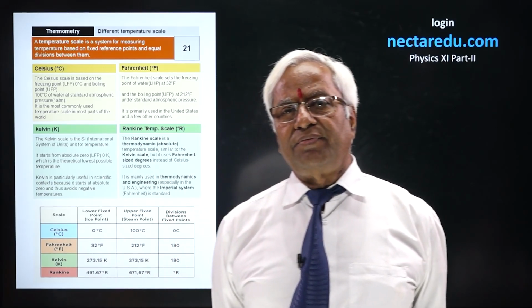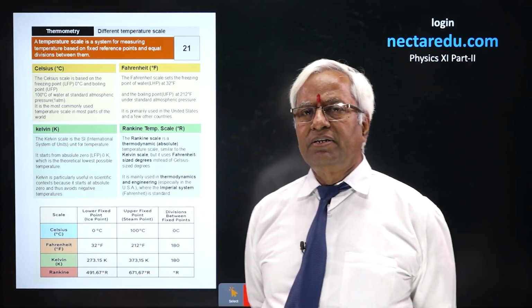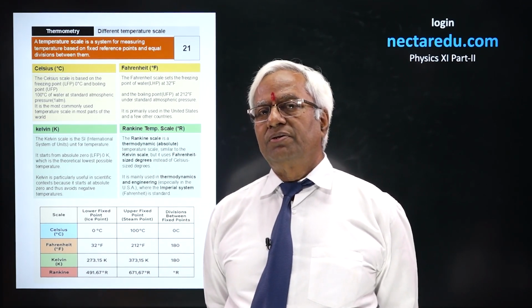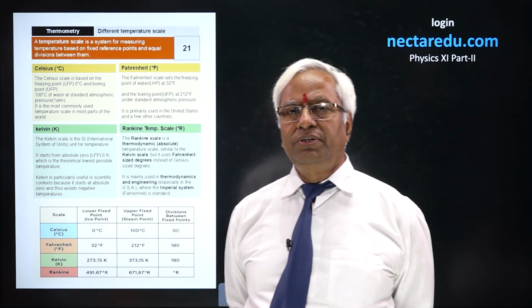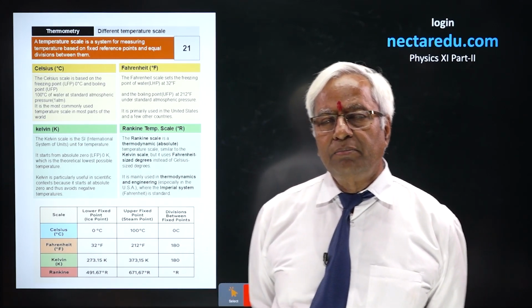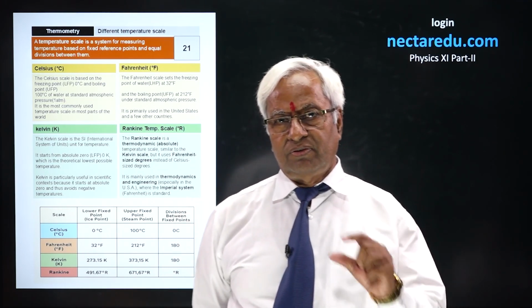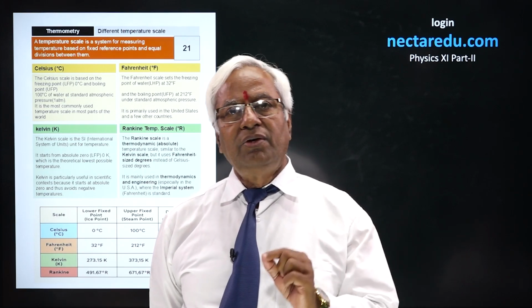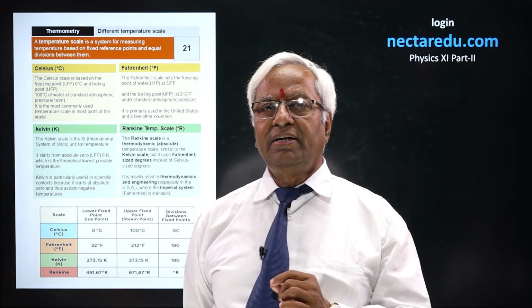The scales that we assign for the measurement of temperature are basically fixed on the basis of 2 points, that is freezing point and boiling point. Freezing point of water, that is 0 degrees Celsius if you consider the scale of Celsius.